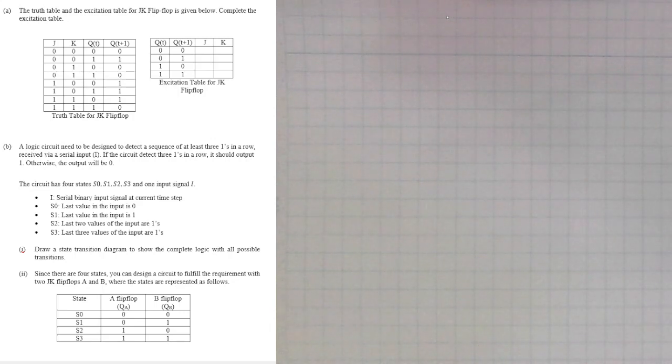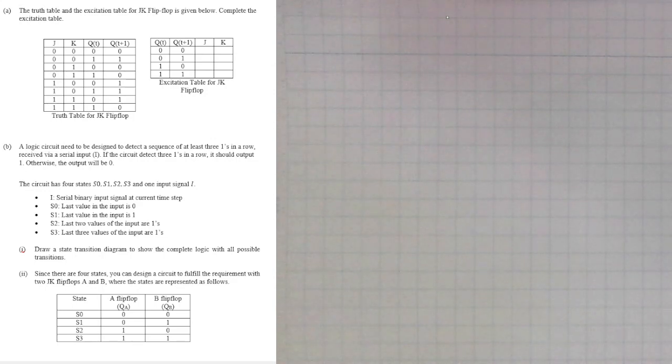For example, let's assume there is an input and it just gives us zeros all the time, right? At each time interval, it will be giving us a 0. So if it is 0 0 0 0 like that, it will be giving us inputs, right? Because it's a serial input.